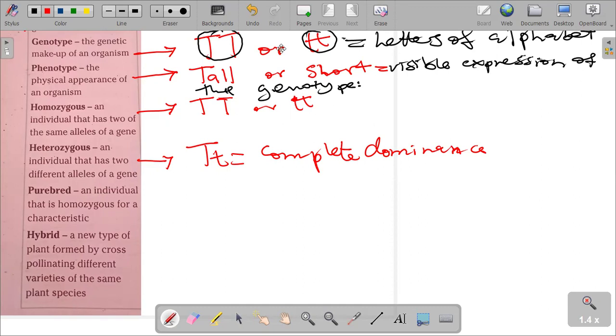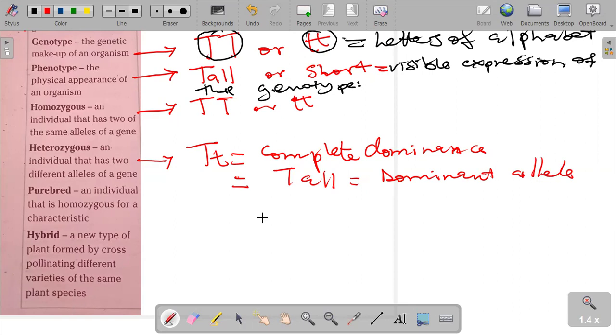So the phenotype of this heterozygous will be what? Will be tall as a result of the dominant allele. That is in the heterozygous scenario there.